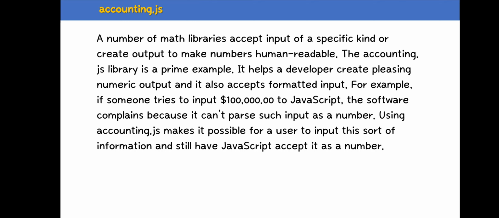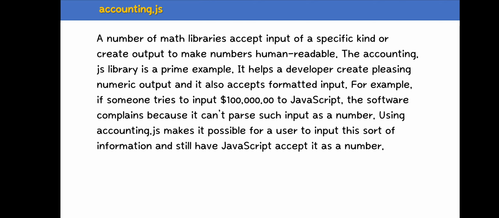A number of math libraries accept input of a specific kind or create output to make numbers human readable. The accounting.js library is a prime example. It helps a developer create pleasing numeric output, and it also accepts formatting input.